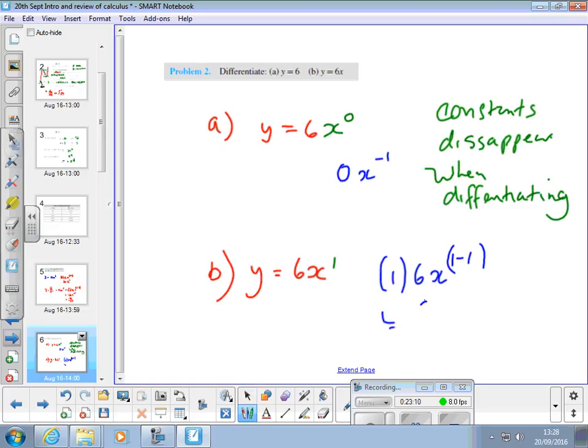Equals 6, because that becomes x to the 0, which is equal to 1, and therefore we lose the variable there. Okay, so linear functions, 6 times x, would give us a straight line graph, y is equal to 6 times x. We lose the variable and we get a constant.